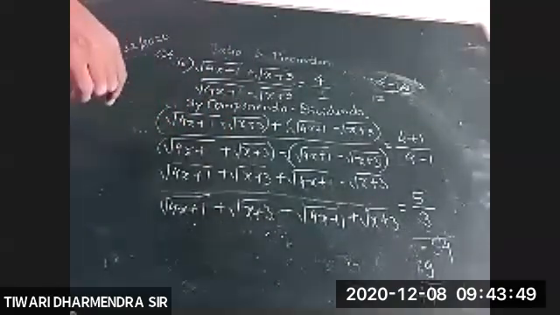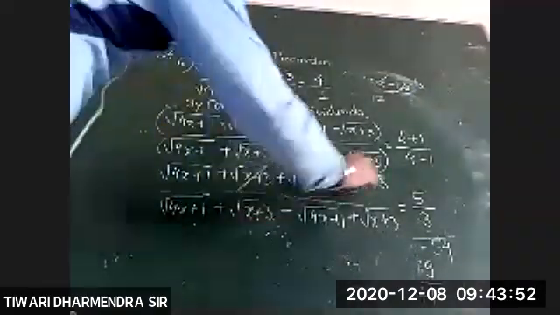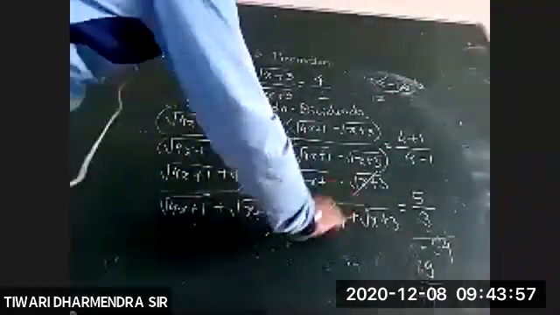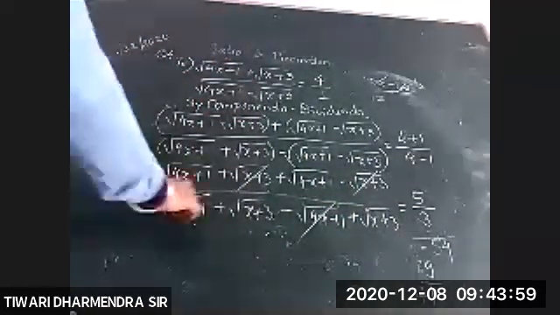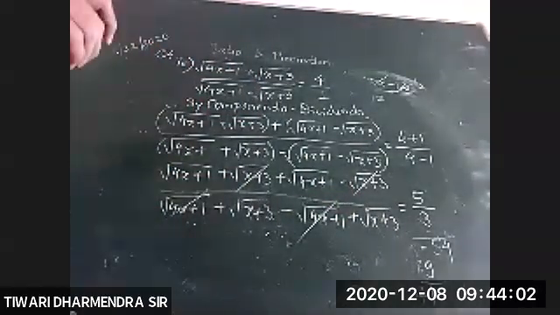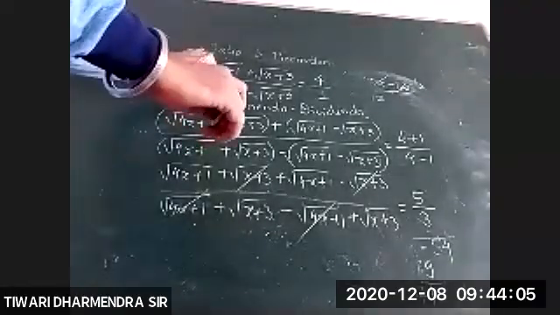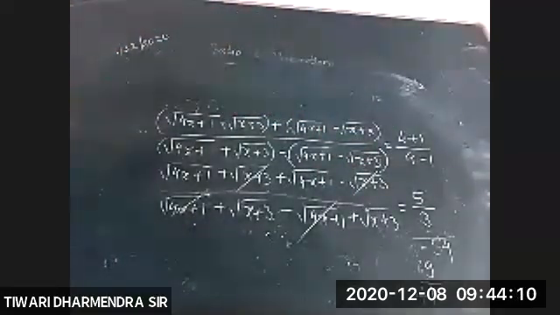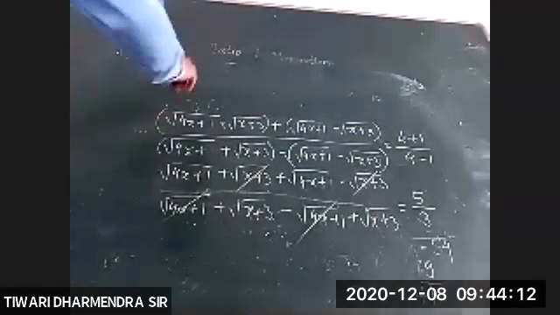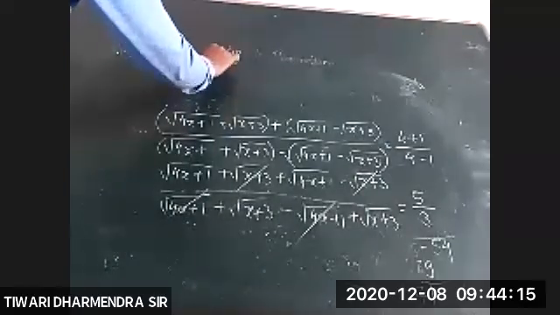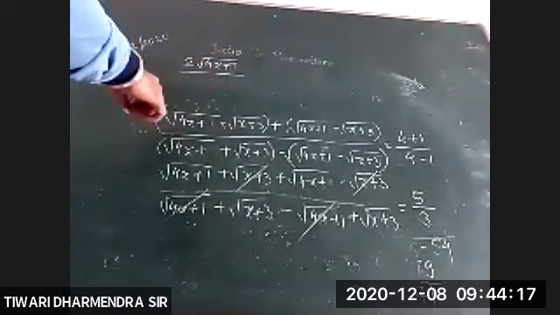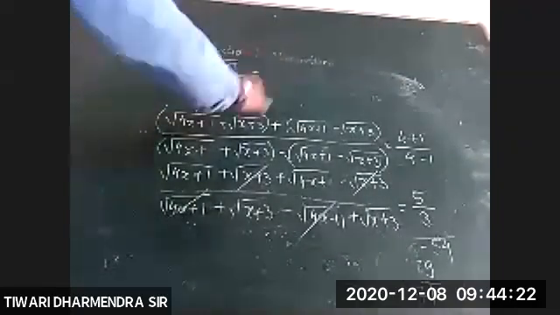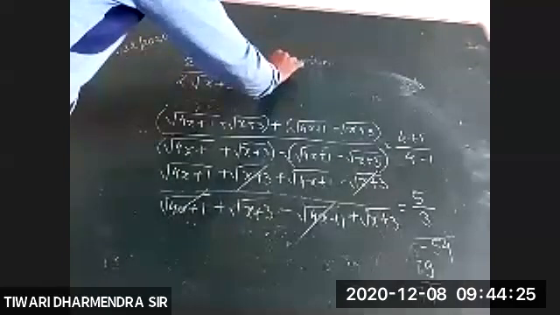Cancel the similar term with opposite sign, root of x plus 3 minus root of x plus 3, minus root of 4x plus 1 plus root of 4x plus 1. So now we can see what remains, 2 times root of 4x plus 1 divided by 2 times root of x plus 3 is equal to 5 by 3.